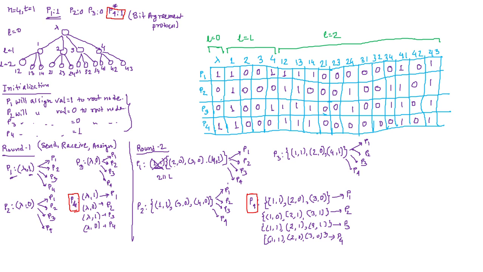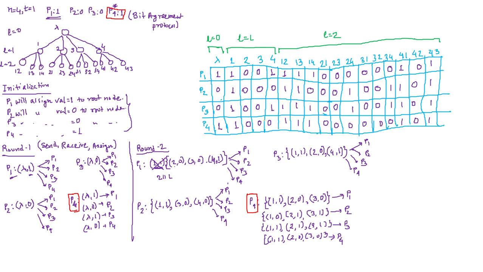So looking at this tree, this communication, you can see that P3 is communicating the value 0 to everyone. That actually corresponds to this column, that P3 has told P1, P2, P3, P4, everyone that my root node value is 0.